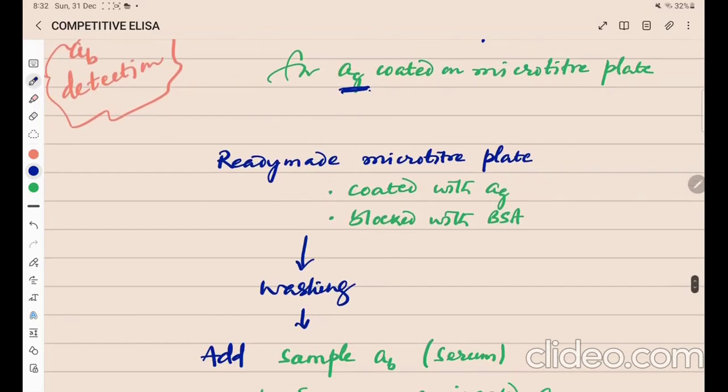So we'll take a ready-made microtiter plate coated with the antigen, blocked with BSA. Why blocking is needed? Why washing with PBS is needed? That part you can refer to our class on ELISA.